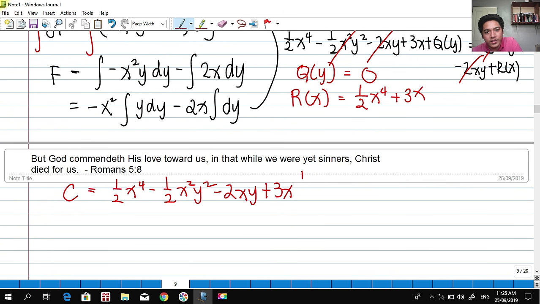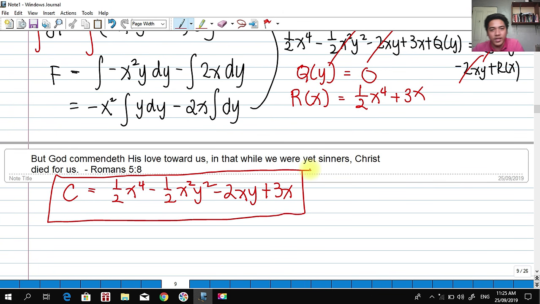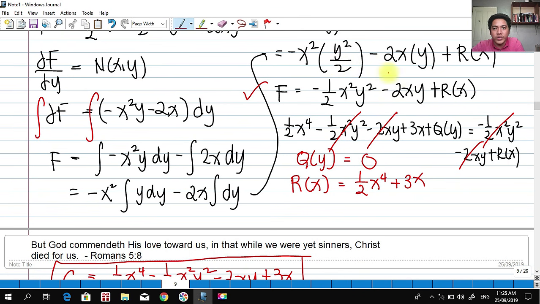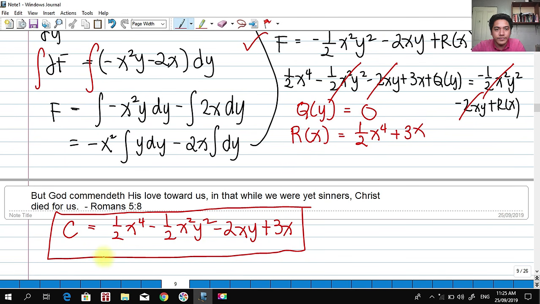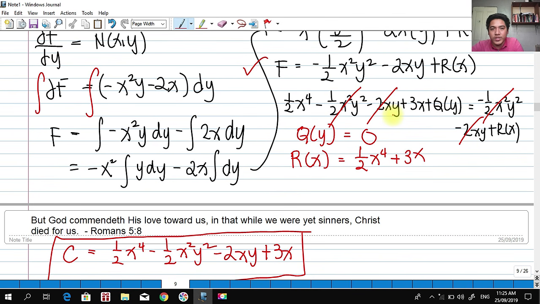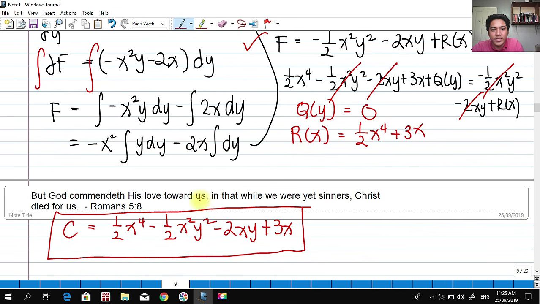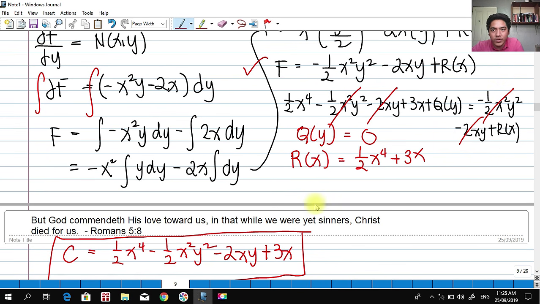So hence, this should be our general solution for the exact DE if we're going to use this. How about if we're going to use this? It's still the same. Okay? If we're going to use this one, you will be arriving exactly at the same answer, because r of x is equal to 1/2 x raised to 4, which is this, and plus 3x, which is this. So, you'll be having the same answer.